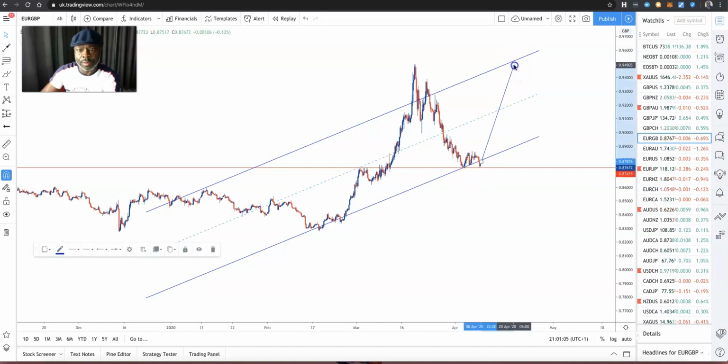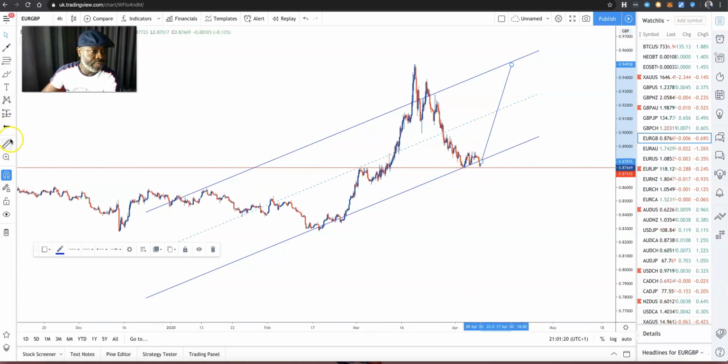Okay, let's not get too far ahead of ourselves. So it's done that, and this will allow you to have a very, very good risk to reward ratio, because your stop loss is going to be just somewhere around here.